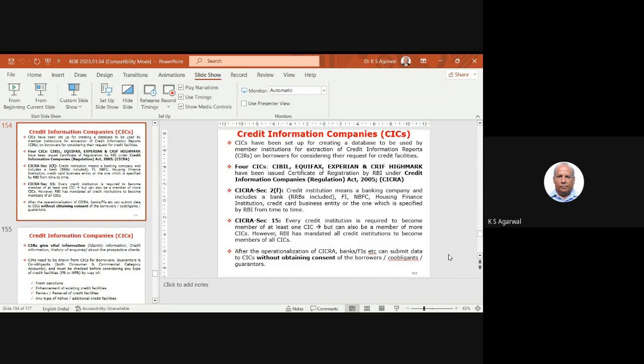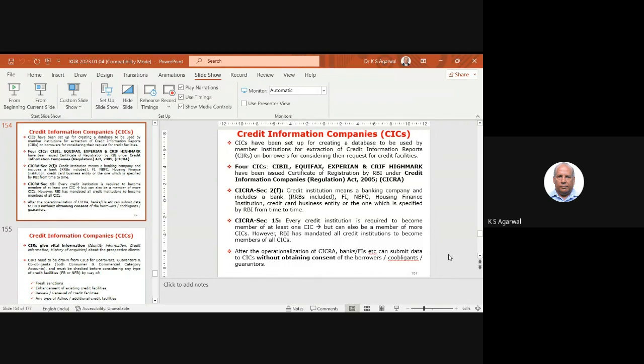Another provision is Section 15 of this Act. This law says that every credit institution is required to become a member of at least one CIC. The law stops there. It says minimum one CIC, but you can be a member of more CICs; it is at your discretion.